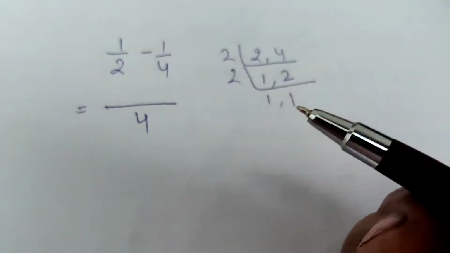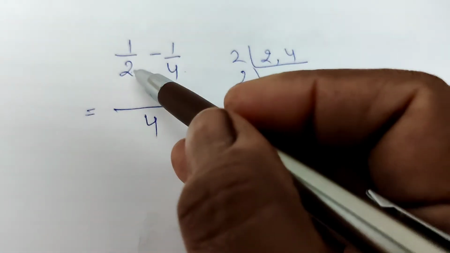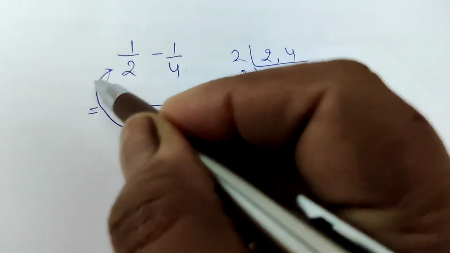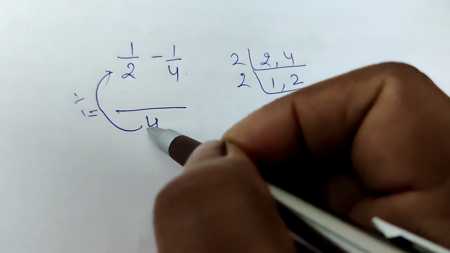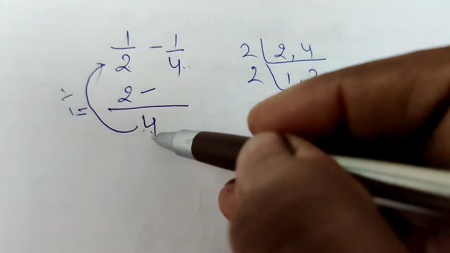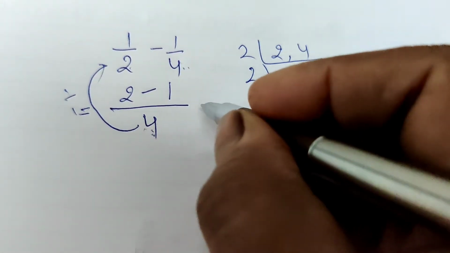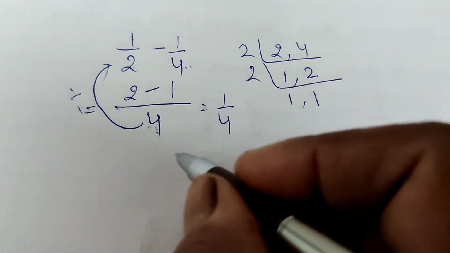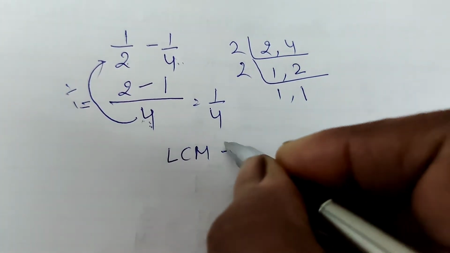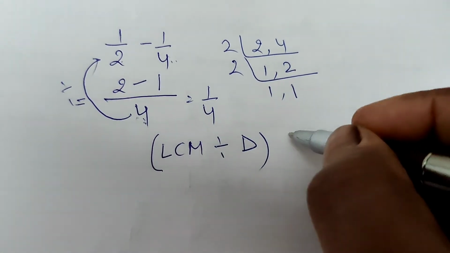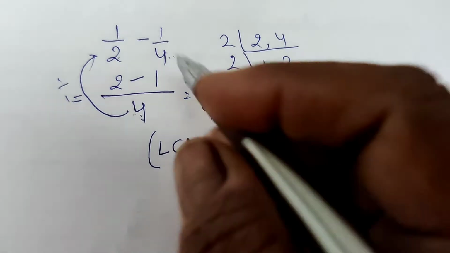Right here, LCM. Okay. Now divide 4 by 2. Same process. 2 times, and 2 into 1, 2. Minus 4 ones are 4, 1 into 1. You will get 1 by 4. The process is LCM divided by denominator. Whatever you get, multiply in the numerator and write here.